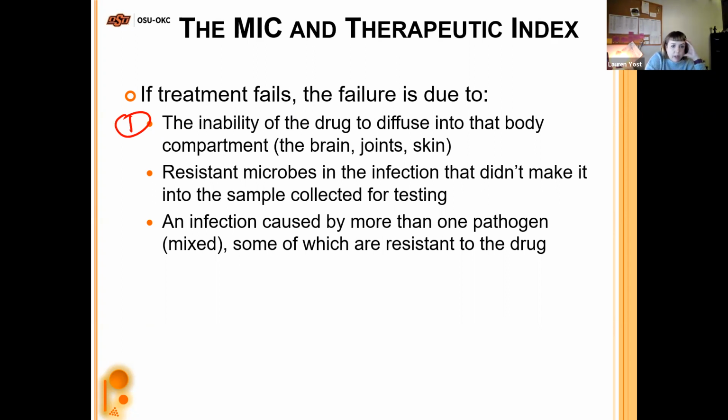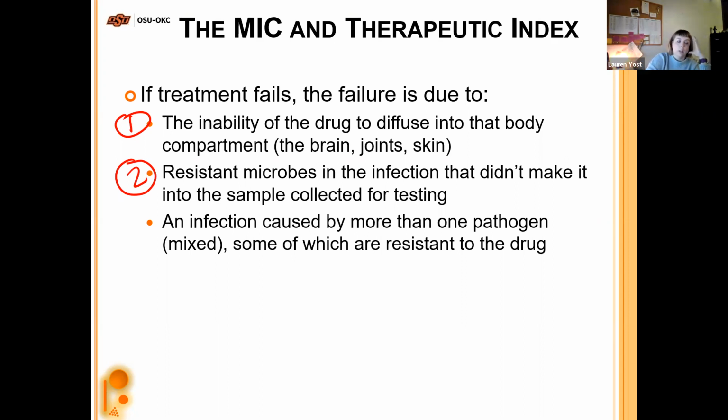Resistant microbes in the infection that didn't make it into the sample collected for testing. So if there are other microbes, like you just took a little swab of this guy's wound, but he has a lot of wound, and where you checked, we didn't grow the resistant microbes, but there are resistant ones over on the other side of the wound, now they're going to overgrow because we treated it with that.